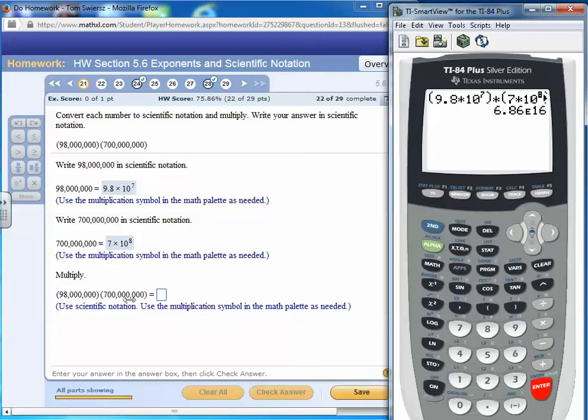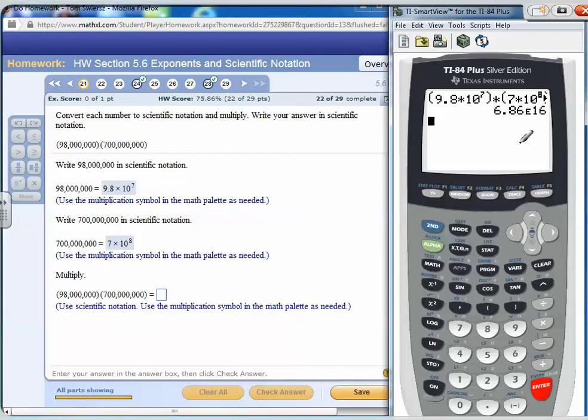And very nicely, it gives us the answer in scientific notation. Now this E in the exponent on the calculator means times 10. It's just a shortcut. So this really means 6.86 times 10 to the 16th power. Okay? That's what that means there. The E means times 10.